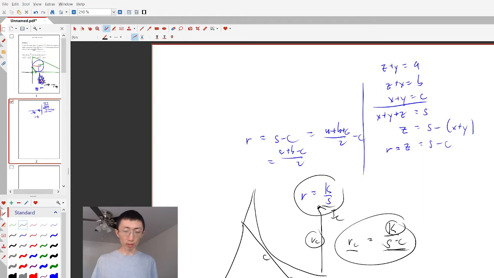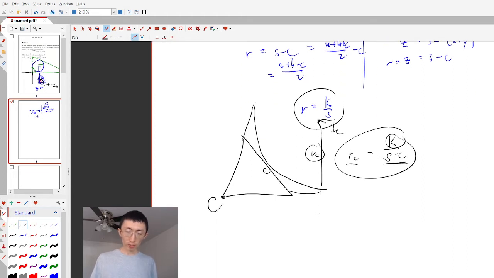But we'll just use the other formula, which is, note that in any triangle, if you have A, B, and C, then the sum of the 2 tangents from C to the excircle, so let's say like this line and this line, 2 points T and S, that's equal to the perimeter of ABC.